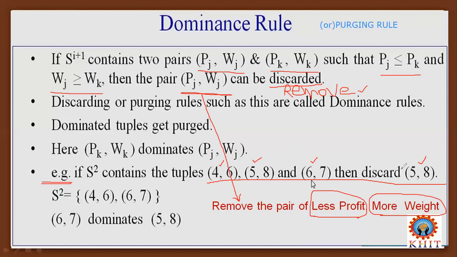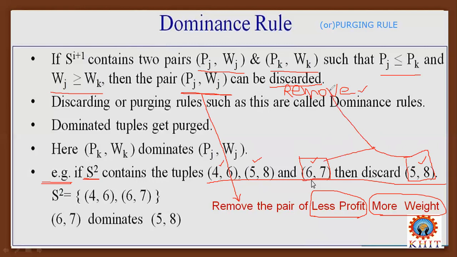These are four pairs generated for S^2. Apply the same technique with PJ, WJ and PK, WK: the dominance rule is applied to these two consecutive pairs.